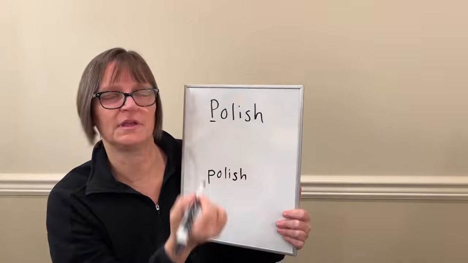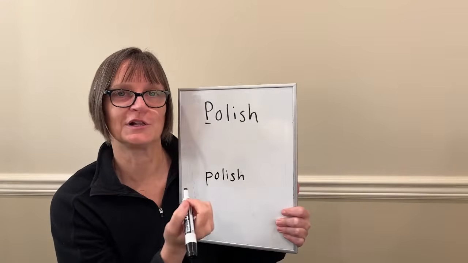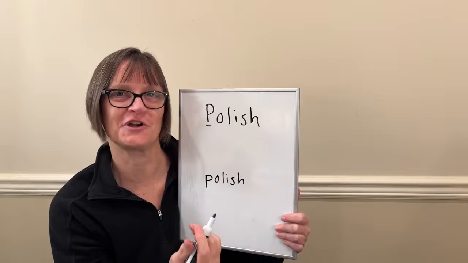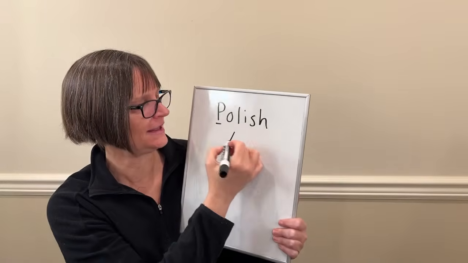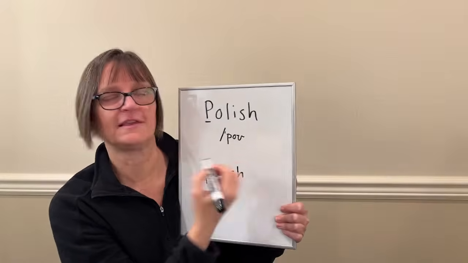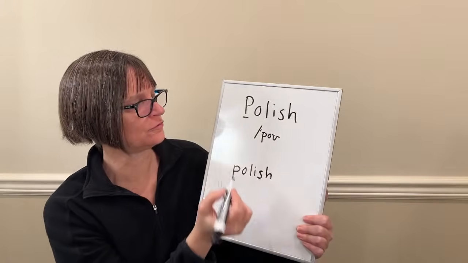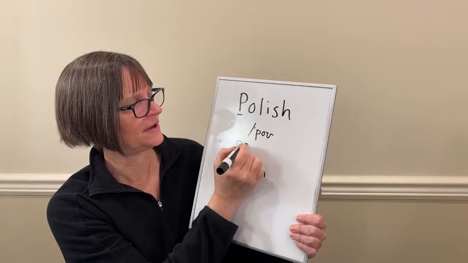First of all, we use a capital letter, uppercase P, for Polish. That's one clue which word we're talking about. Of course, context is always going to tell you as well. And for Polish, we have the O saying the O diphthong, just like in phone or road. So you can think about it like O.